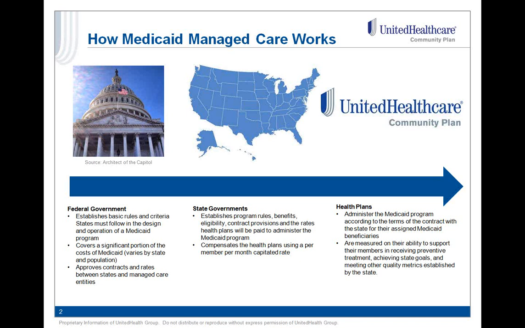And as they identify those programmatic elements, they go back to the federal government for approvals on those programs, and then they oftentimes, through a competitive process typically, choose MCOs to help administer the programs that they have designed.